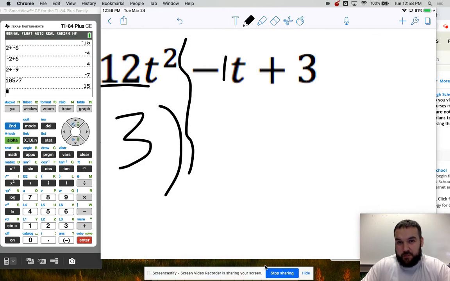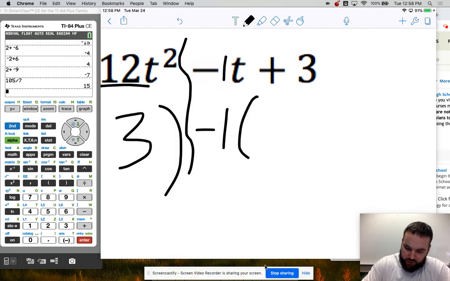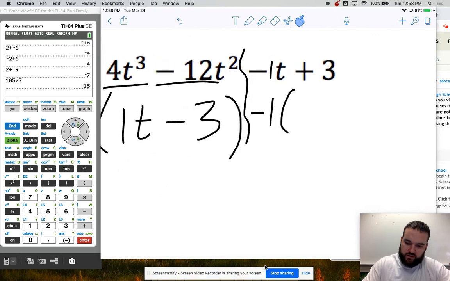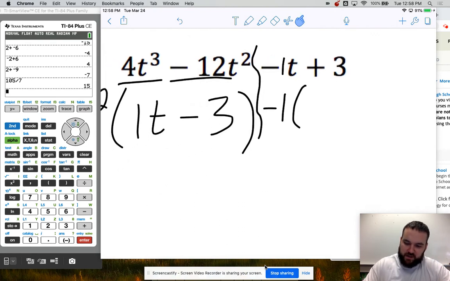There's nothing in common. So just like we did earlier, I'm going to take 1 out and basically just rewrite the problem. But because I am starting with a negative number, I'm going to take out the negative as part of my GCF. So I'm going to divide by negative 1. And what that's going to do is, by dividing by negative 1, my parentheses will now match from the first half.